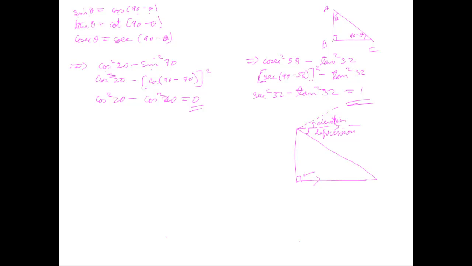Let's see a simple example based on these kind of questions. Question says, shadow of a tower when the angle of elevation of the sun is 45 degrees, is found to be 10 meters longer than when it was 60 degrees.